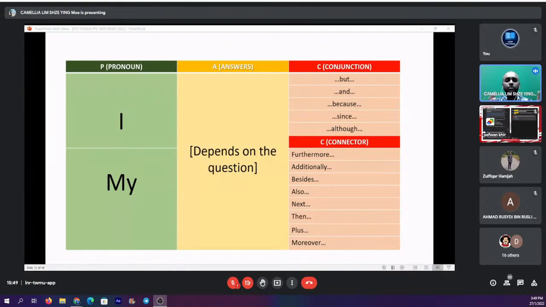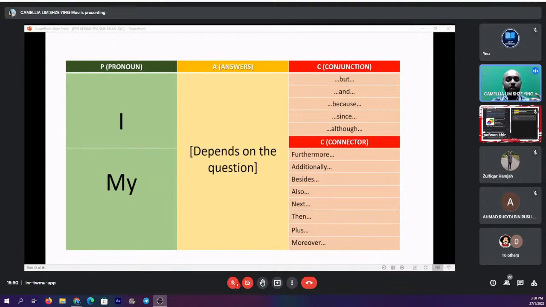I don't think students will need any other pronoun here, because the questions in this section are largely personal questions about students' personal lives. So I would like to think these two singular subject pronouns, I and my alone, would suffice. So now moving on to the second part of PAC, A.